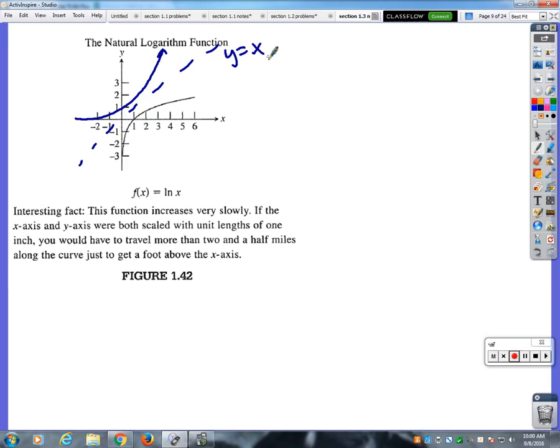If the x-axis and y-axis were both scaled with unit lengths of 1 inch, you would have to travel more than 2.5 miles for the curve to get 1 foot above the y-axis. So it is increasing, but super, super slowly. In other words, if you take the natural log of whatever 2.5 miles is in inches, you get 12 as an answer. That's pretty crazy.